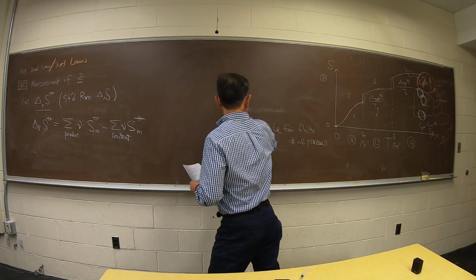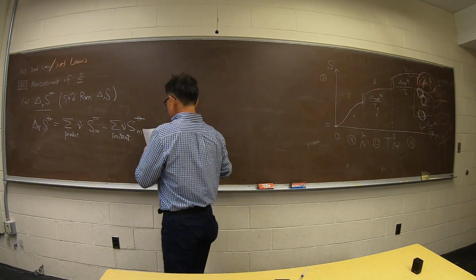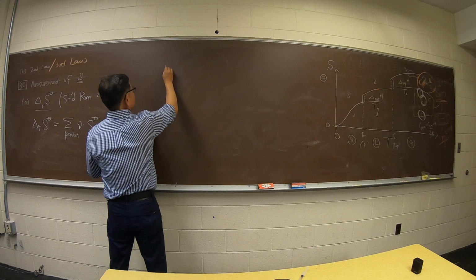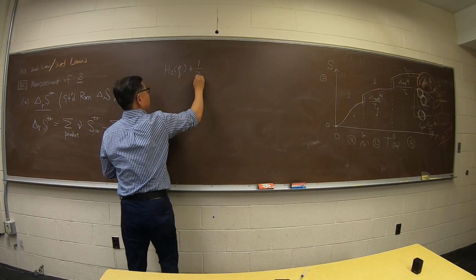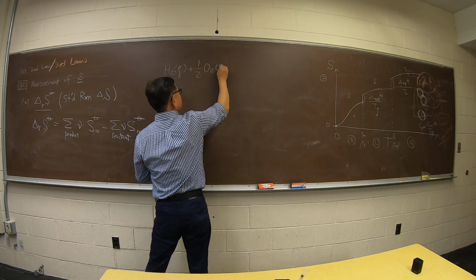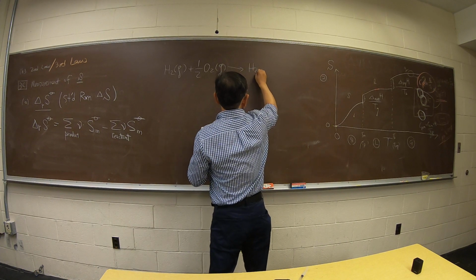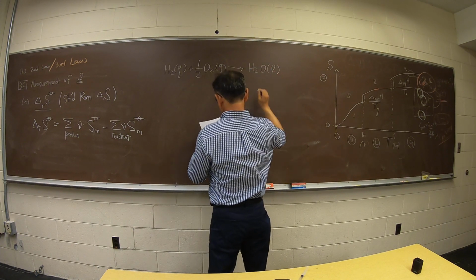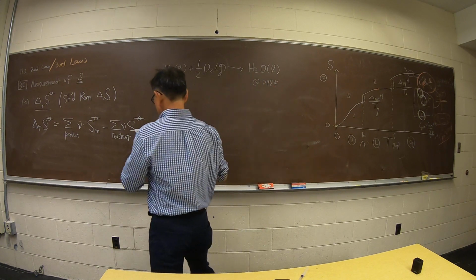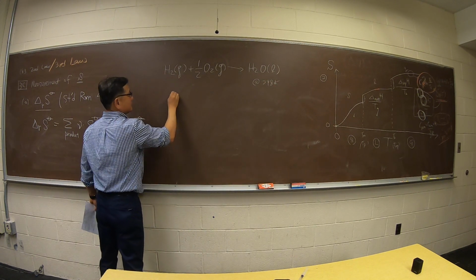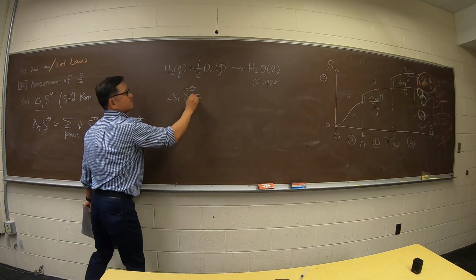Let's just give an example, and then you will see what this means. I have H2 gas, oxygen gas, and H2O, and the temperature is 298 Kelvin. You're looking at what the entropy change is for this.